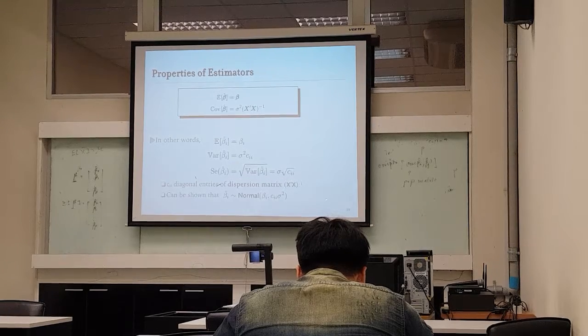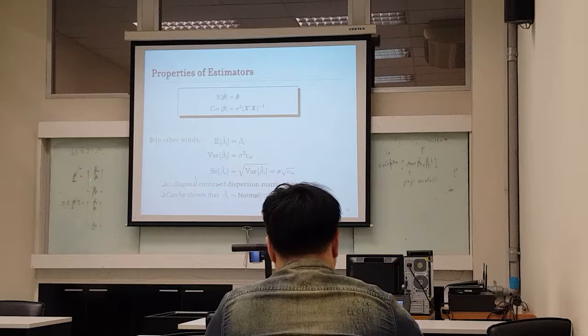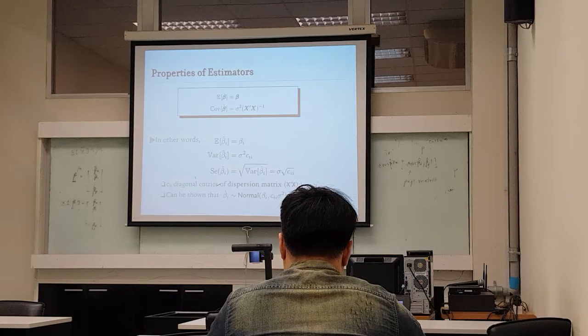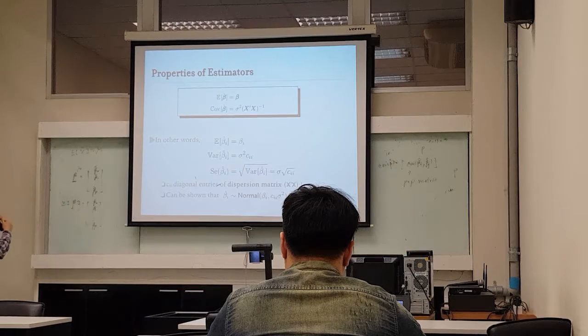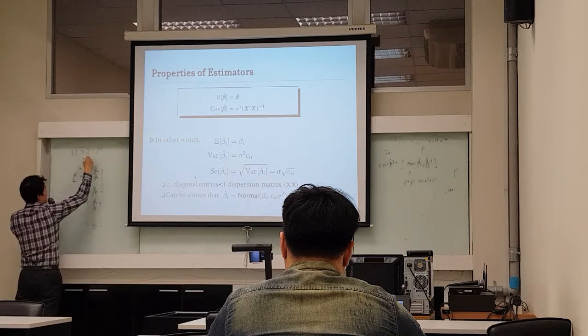And each individual beta is a random variable, an estimator. It has the property that it has a normal distribution. The expectation of beta hat is beta.